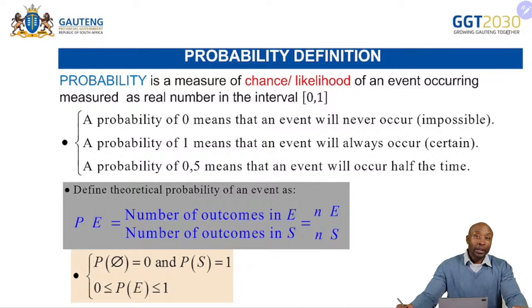So, in short, we are saying the probability of an event is between 0 and 1, where the probability of a null set, of an event not occurring, is 0, and the probability of the whole sample space is given as 1.